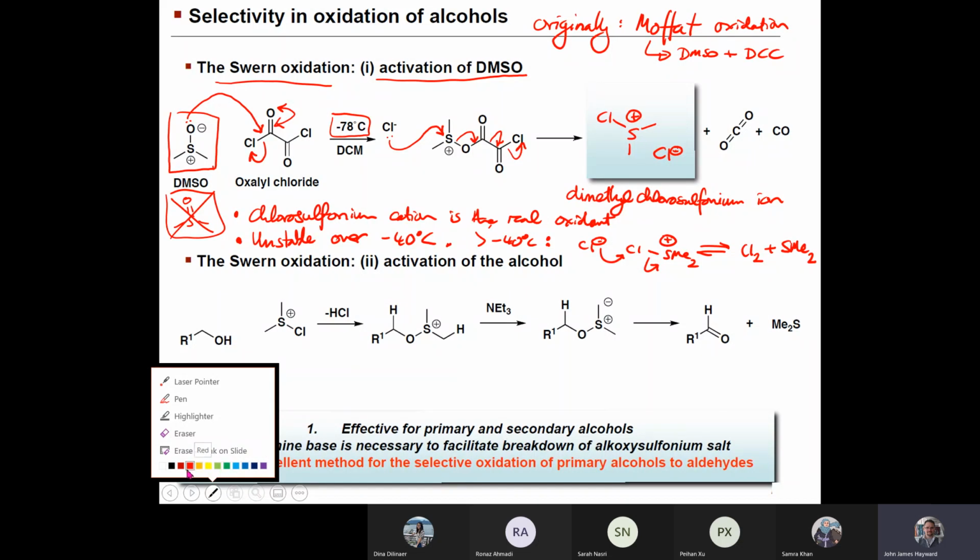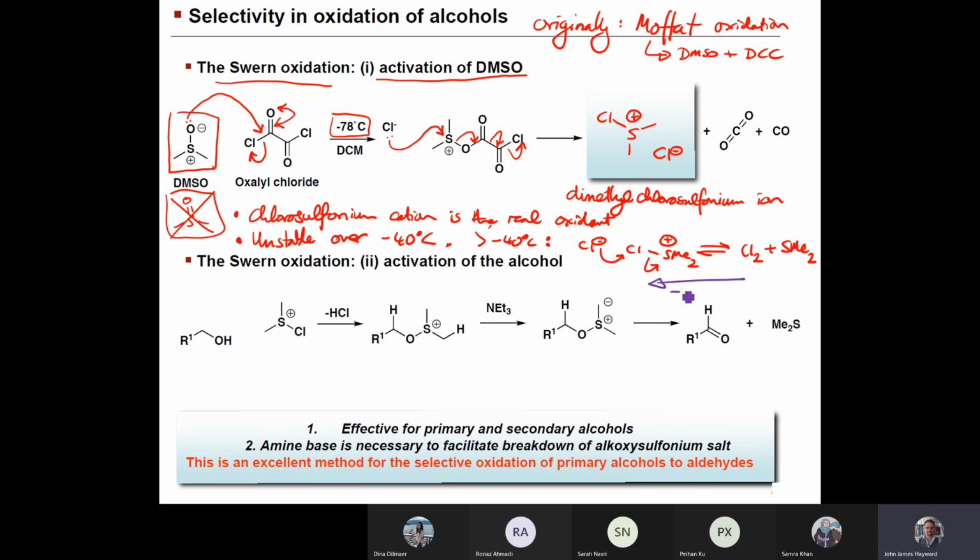Now, what's interesting is that if you actually take dimethyl sulfide and react it with chlorine at minus 78, then that is a way that you could actually generate the same intermediate, arguably using a lot cheaper reagents, just dimethyl sulfide and chlorine gas.